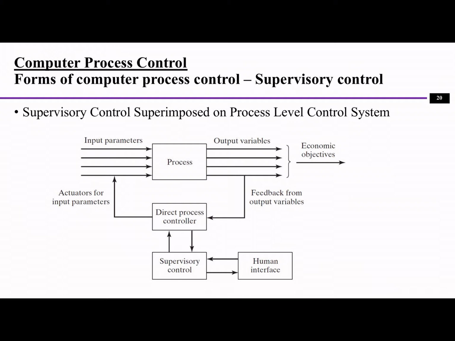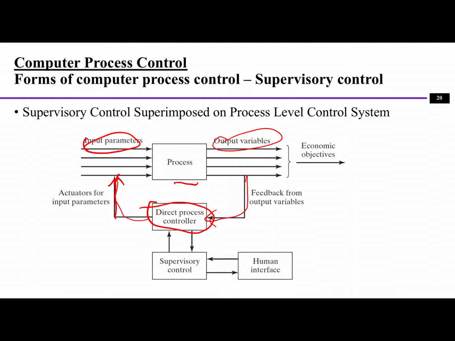So this is the diagram we're looking at of this supervisory control. Basically we have the process, and also input parameters, output parameters, and this is the feedback system, going back to the controller. The controller will make decisions and then trigger the input parameter changes to control the system.